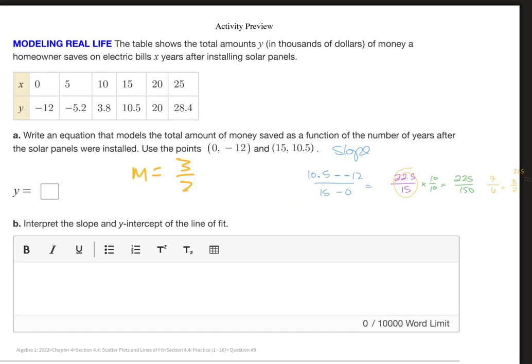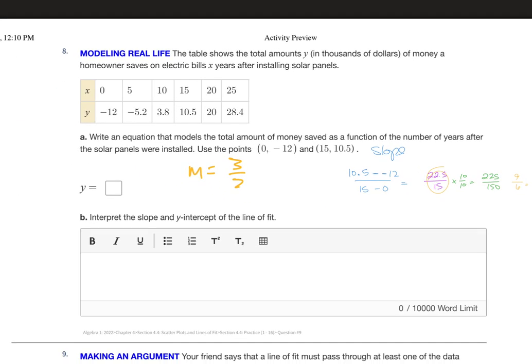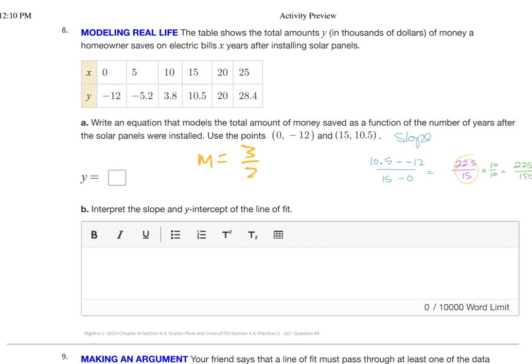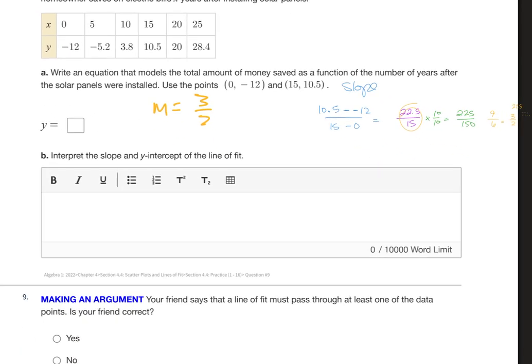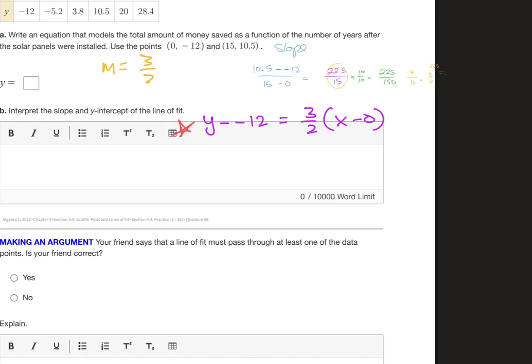It's 3 over 2, and we want to use these points to write an equation. It doesn't say which type of equation we should use, whether point slope form or slope intercept, so I'm going to do both, just for you guys. y minus negative 12 equals 3 over 2 times x minus 0. This is one good answer. Now, this is obviously a computer type thing, so you might want to simplify this to y plus 12 equals 3 over 2 times x minus 0. And even then, you might want to get rid of that part.